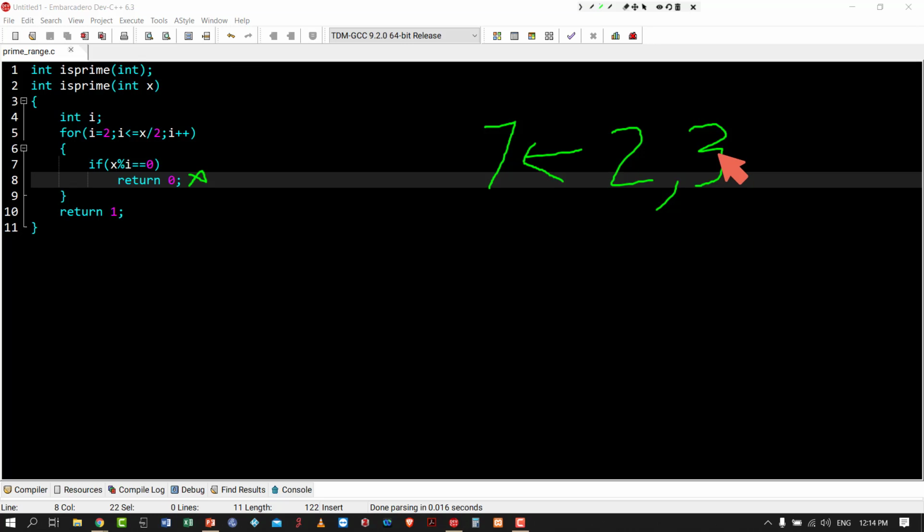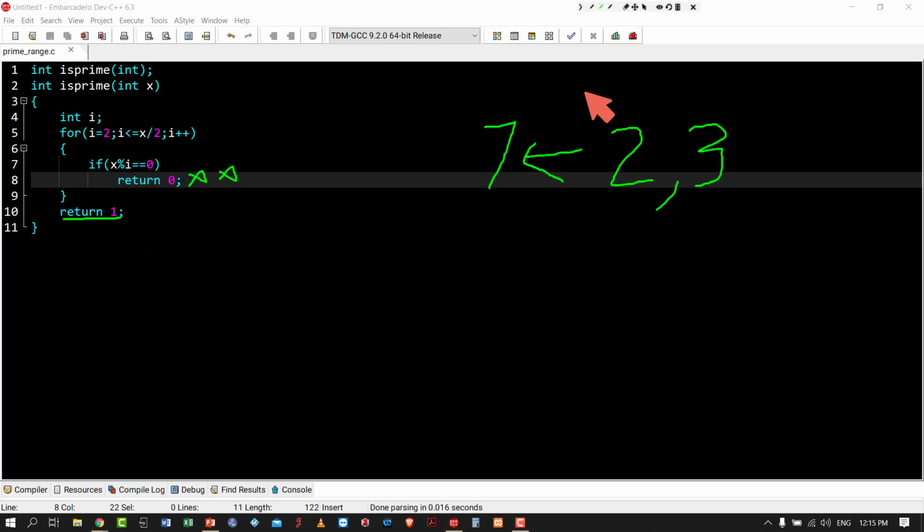What is 7 mod 3? 1. So will this return 0 execute? No. So will this for loop execute any more time? No, sir. After the for loop, what is the statement given there? Return 1. So what will be the value returned? 1 is returned.